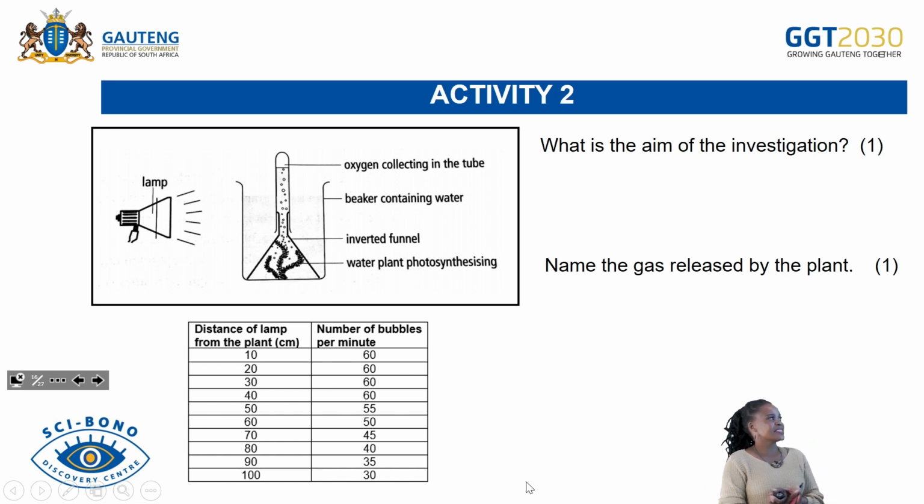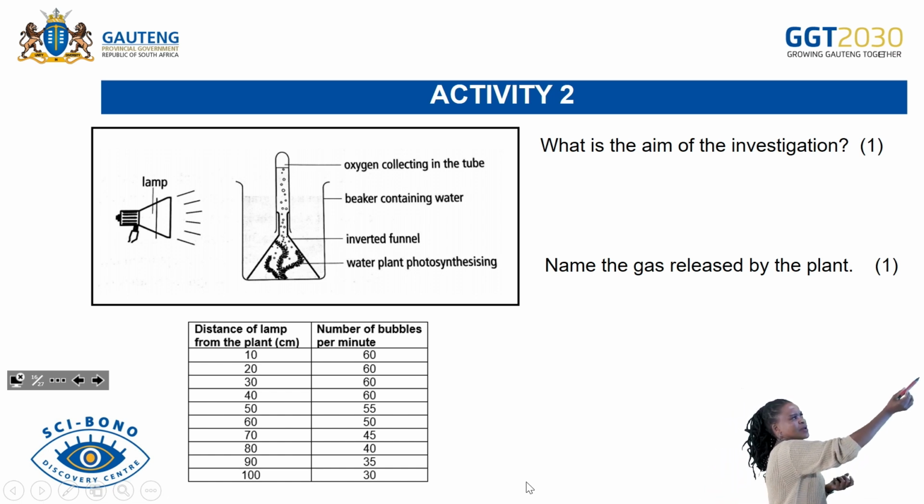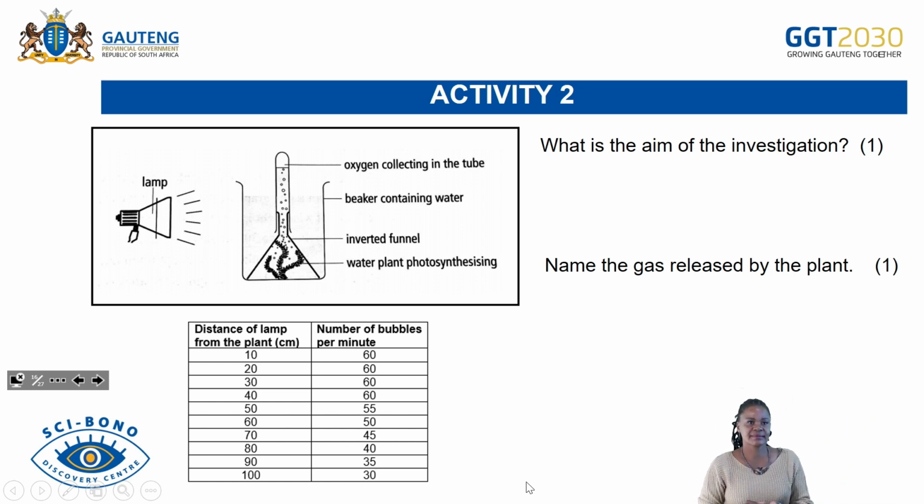Now, the first question says, what is the aim of this investigation? Remember, in this investigation we have the test tube, and in the test tube we are seeing the bubbles. Those bubbles are caused by what? Oxygen, and then there's a beaker containing water, an inverted funnel, water, and a plant photosynthesizing. So what is the aim of this investigation?